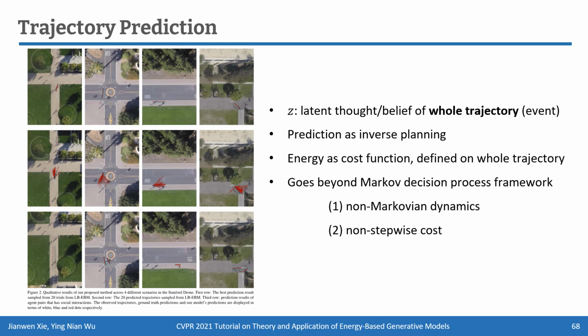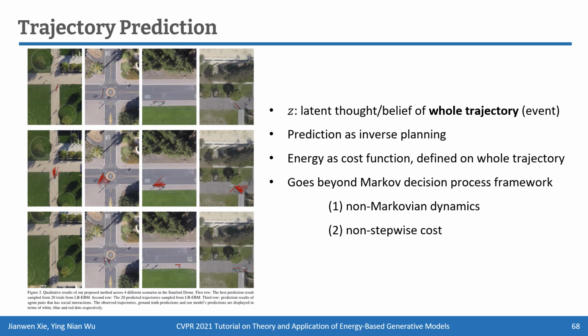So it generates the whole trajectory. And then we can treat this prediction problem as an inverse planning problem. So instead of learning an autoregressive model, very much like a policy network, we actually learn the value of those agents, those pedestrians.